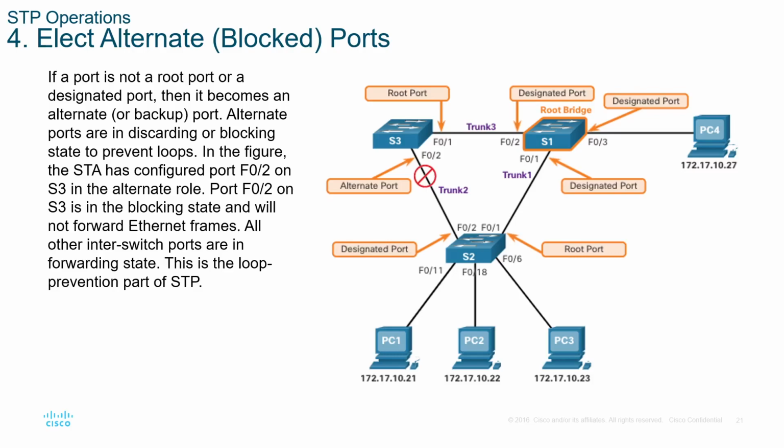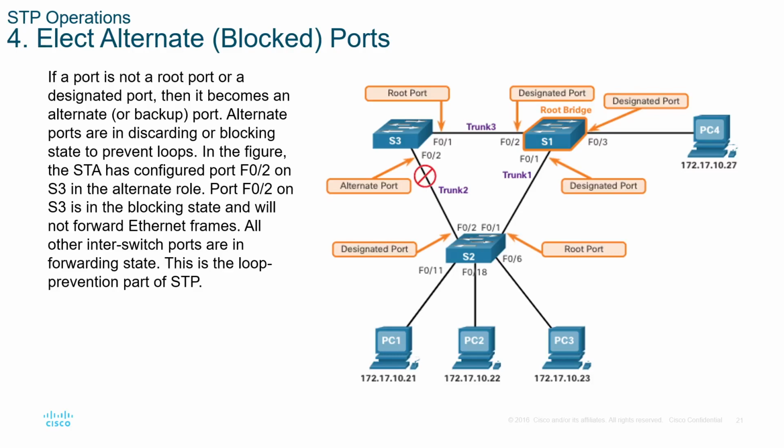S1 has all the ports as designated ports, and S2 and S3, because all the links have the same bandwidth and the same speed, have S2 Fast Ethernet 0/1 being the root port, and S3 Fast Ethernet 0/1 being another root port. Because of that, we have to find which of switch 2 or switch 3 Fast Ethernet 0/2 will be the alternate port.